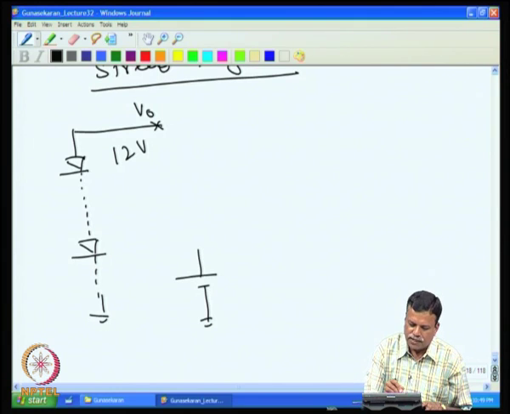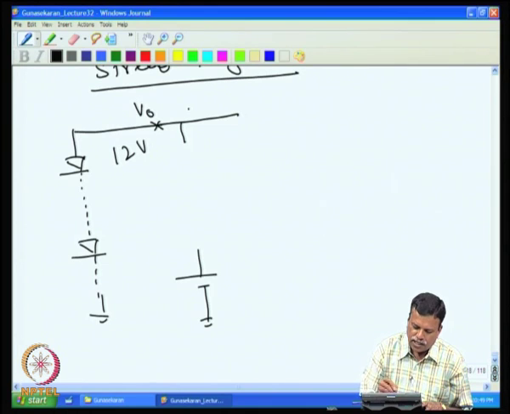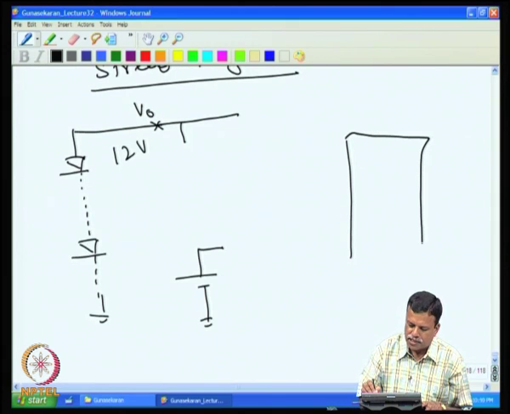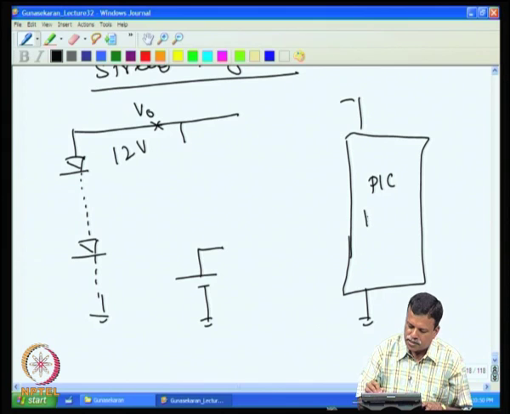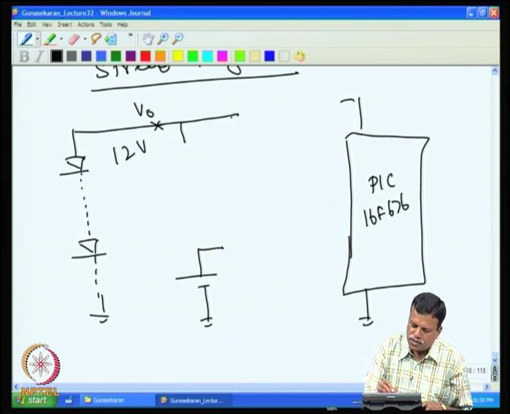So, it is essential that we sense the voltage of the panel and the voltage of the battery, both using the ADC present in the microcontroller. In this case, for example, with a 12 volt panel, I use the PIC 16F676.